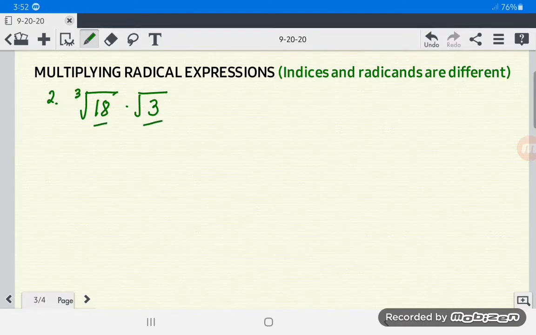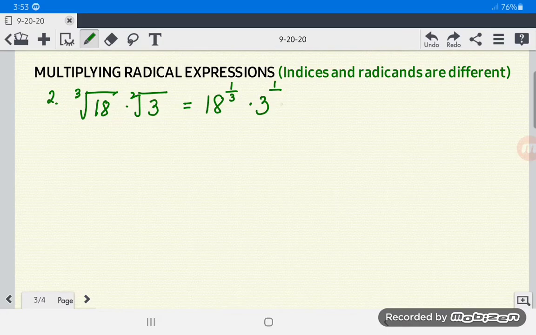First step again: we're going to rewrite the radicals in exponential form. So, we have 18 raised to 1 over the index 3. Then, for the second radical, we have times 3 raised to 1 over 2.